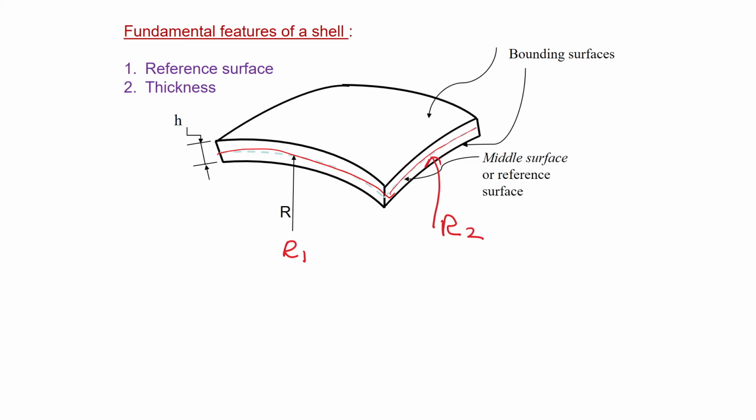So the shape or the curvature given to the middle surface defines the shape of a shell, then the thickness of the shell. In one direction the radius is R1, in the second direction the radius is R2. These top and bottom surfaces are known as bounding surfaces.